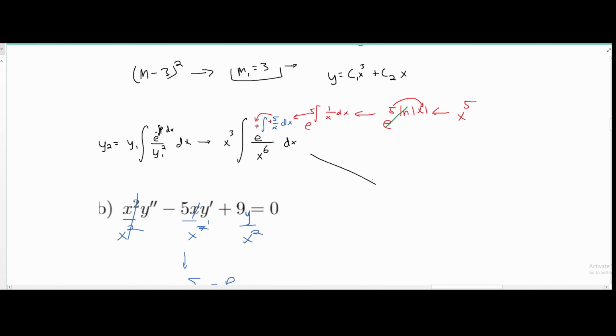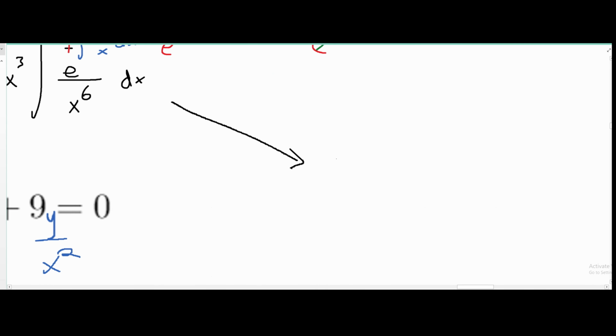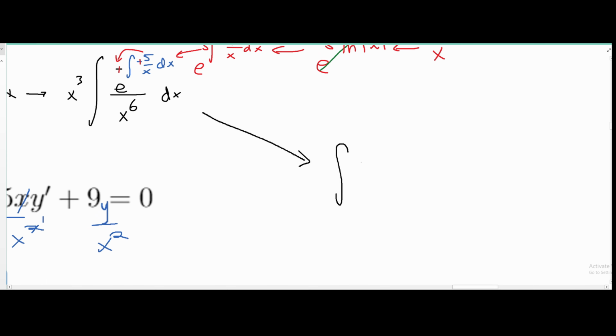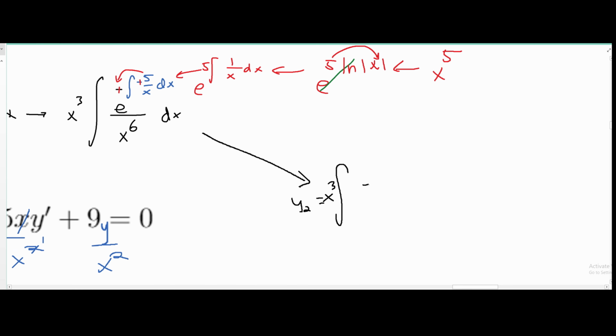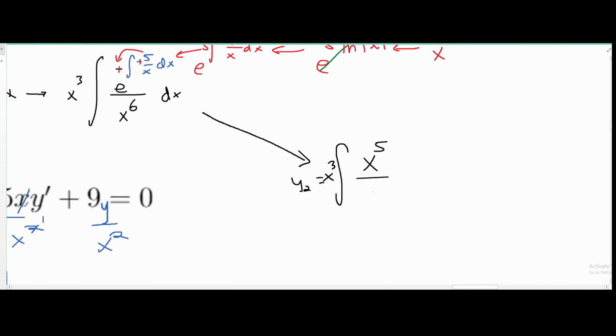I can draw an arrow and go over here and rewrite everything, as we still want to make sure we have our y2 equals over here, so we remember what it's solving for. We have our x cubed out front, and we have an e, or actually our e is gone, so we have x to the 5th over x to the 6th dx.